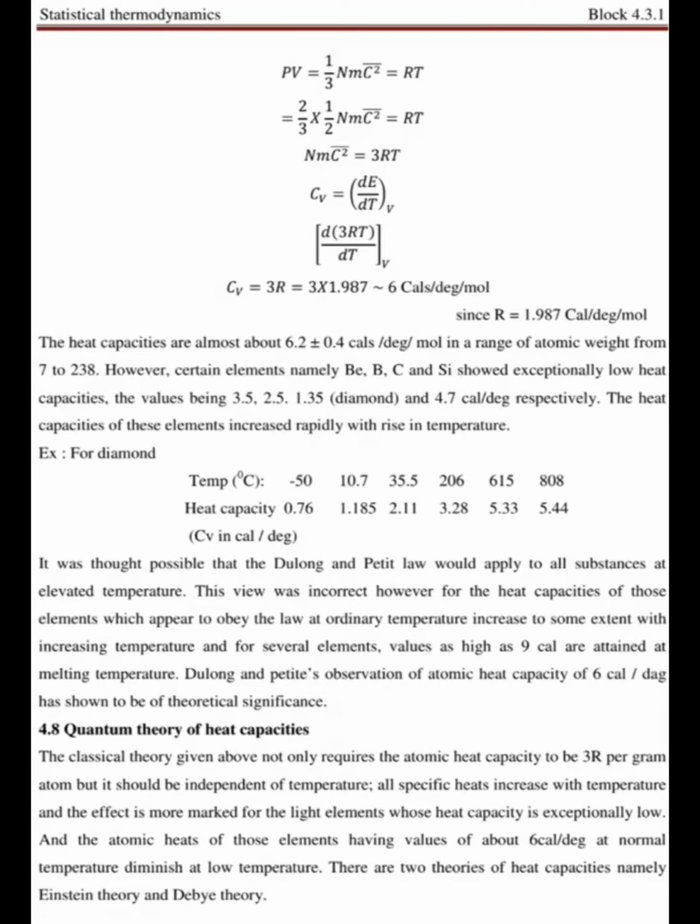The heat capacities are almost 6.2, for atomic weights from 7 to 238, and certain elements showed very low values, 3.2, 2.5, 1.35. For diamond, at a temperature of -50, the heat capacity was around 0.76. At a temperature of 10 degrees it was around 1.18, and at a temperature of 35 it was around 2.1.